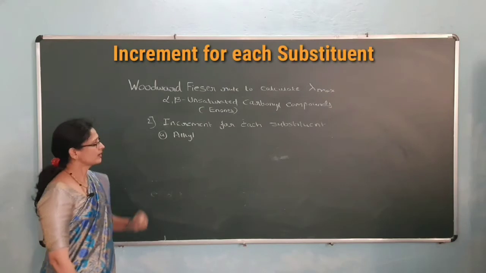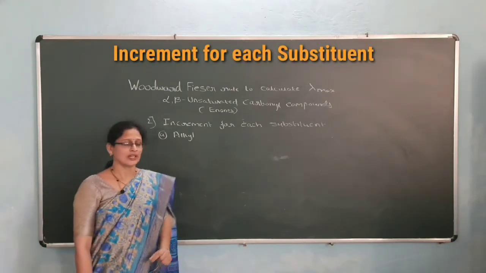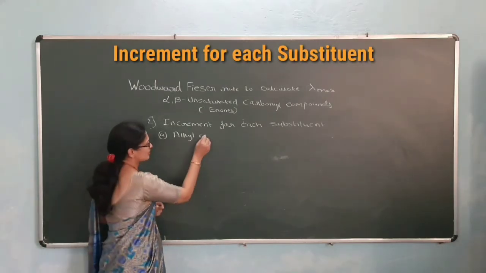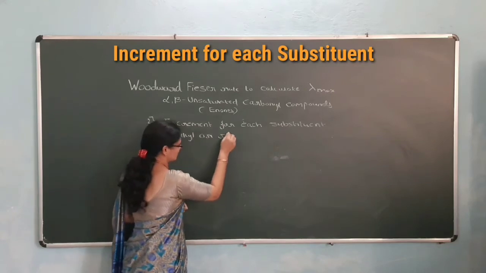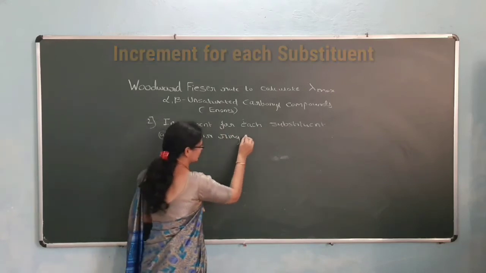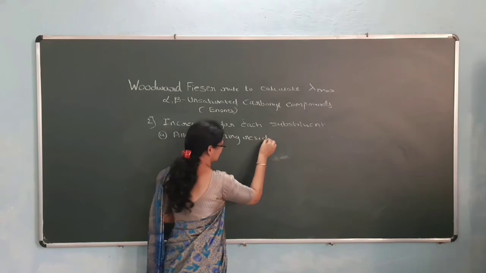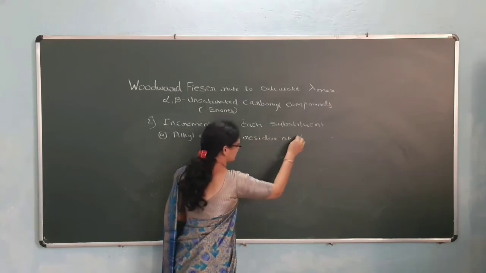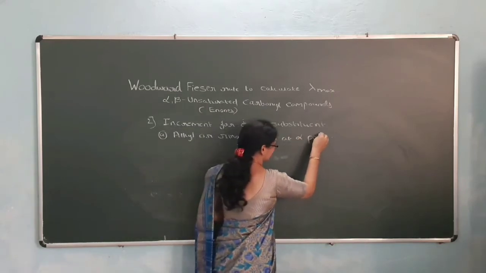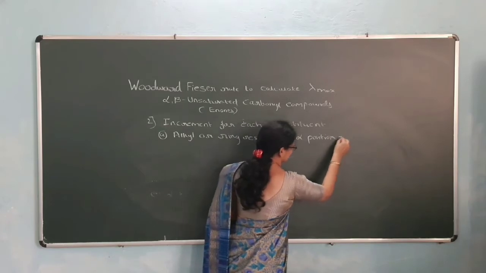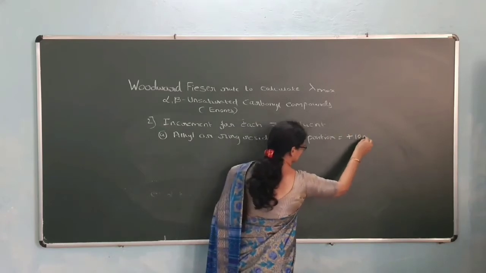The second one: increment for each substituent. An alkyl group or ring residue at the alpha position, the increment given is plus 10 nanometer.